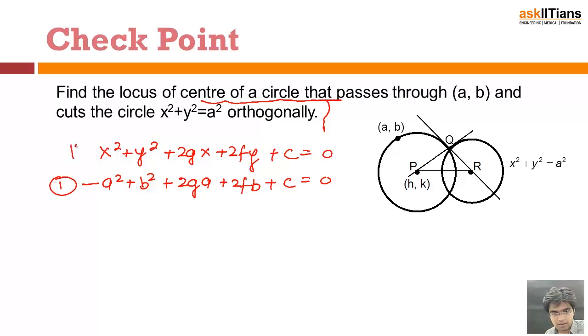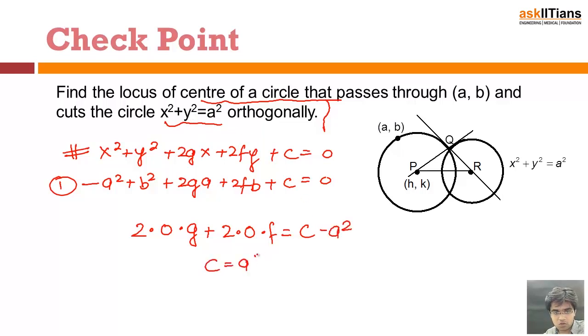Now this circle and this circle intersect orthogonally. That means 2g1g2 plus 2f1f2 is equal to c1 plus c2. So twice of 0 into g plus twice of 0 into f is equal to c1, that is c, plus c2. c2 is nothing but minus a square, because this a square will come here as minus a square. That means c is equal to a square. We got the value of this c.